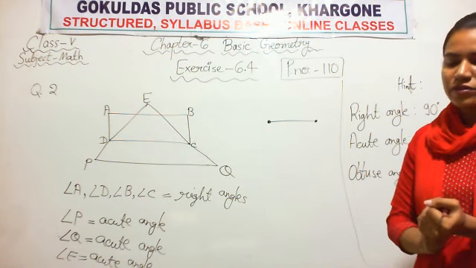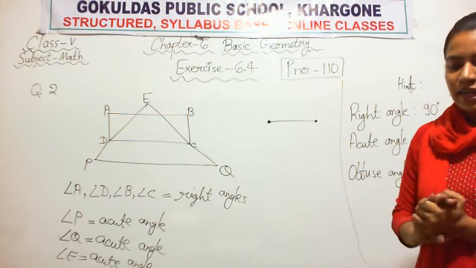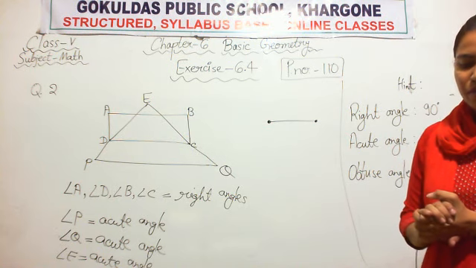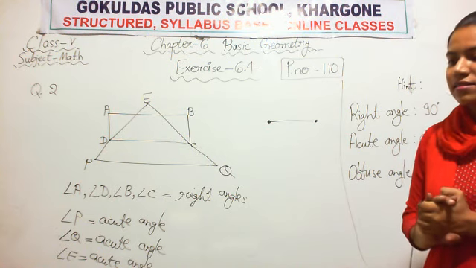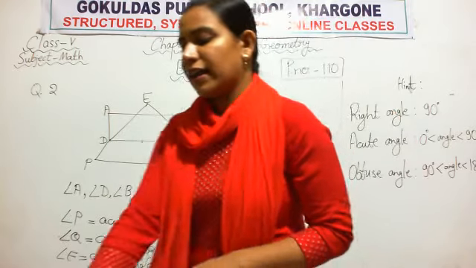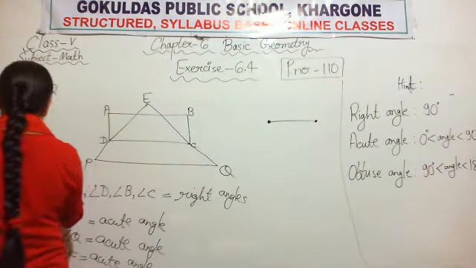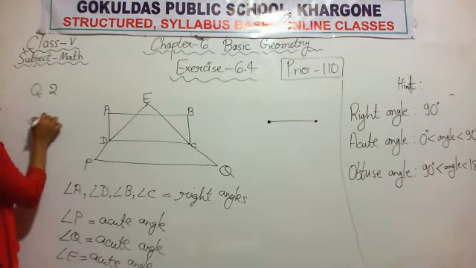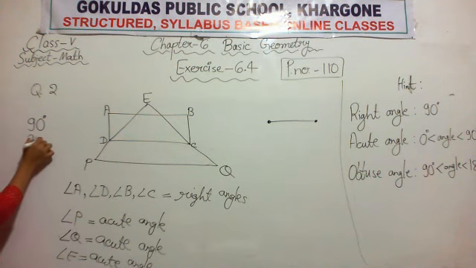Yes, it is an obtuse angle. Next and the last one, the sum of two right angles is, so what is a right angle? A right angle is 90 degrees. Sum of two right angles means 90 degrees plus 90 degrees is 180 degrees.